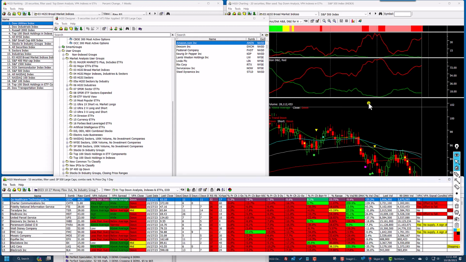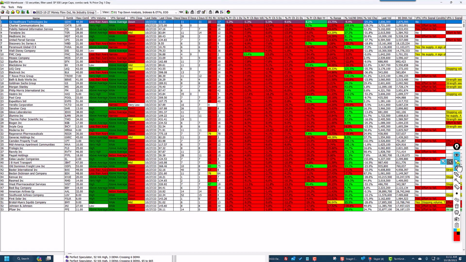So combining the overall chart with money flow, I can quickly see where the extreme weakness in this index is, because these stocks all had money flowing out of them.